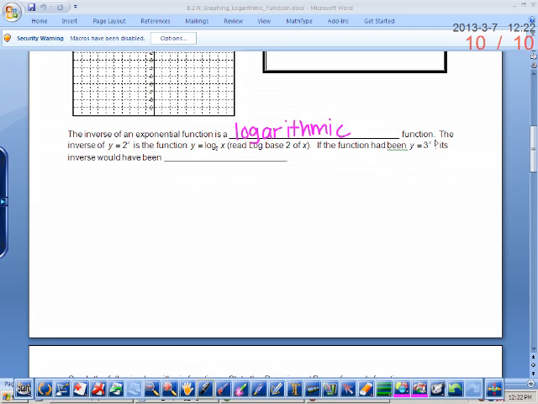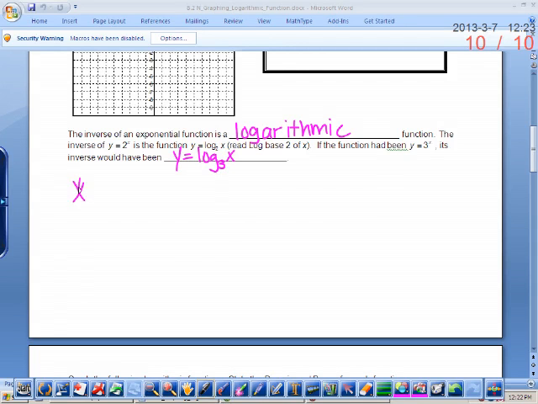If we had the function y equals 3 to the x, the inverse would have been y equals log base 3 of x. Okay, don't flip the page quite yet.